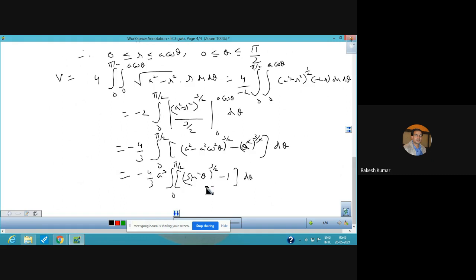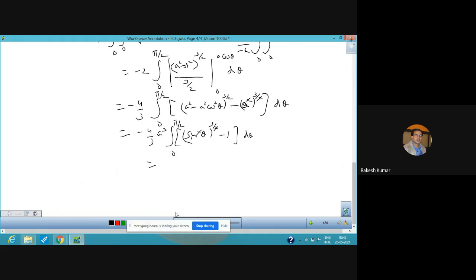So into d theta, power 2 can be cancelled. You will have minus 4 by 3 a cube, that is 0 to pi by 2 sine cube theta minus d theta 0 to pi by 2. So we are separating both the integrals. So now you can simplify.